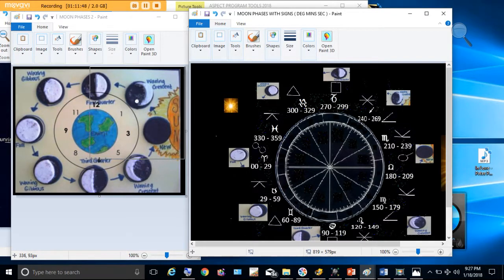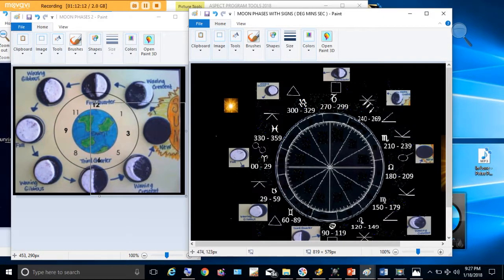And the first, 1 o'clock after 3, is the waxing crescent. 8 o'clock is the waning gibbous. 5 o'clock is the waning crescent. 11 o'clock is the waxing gibbous.